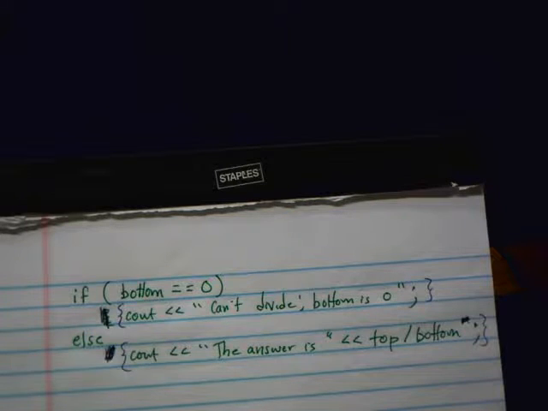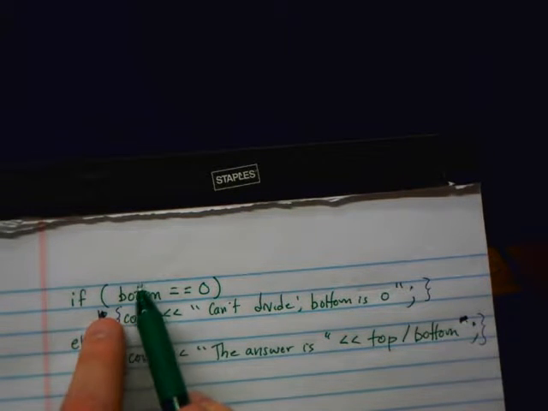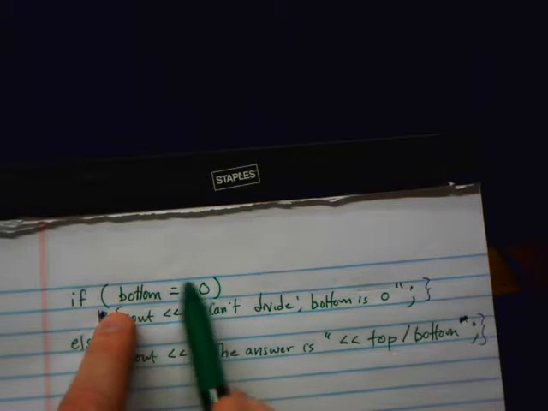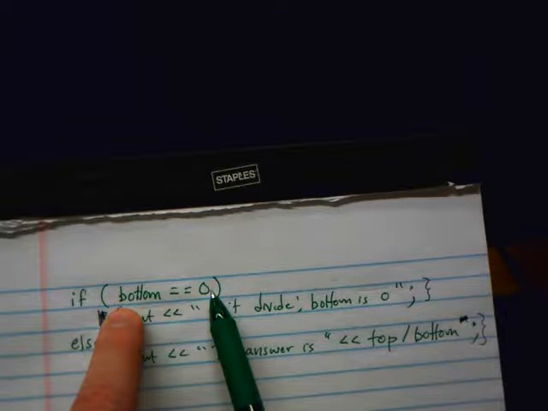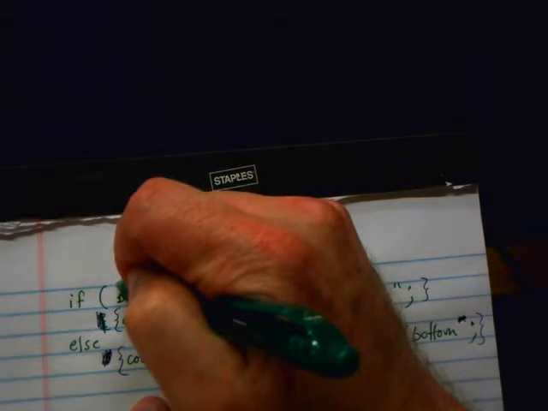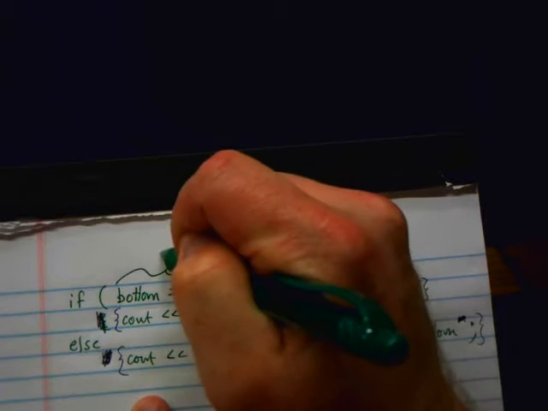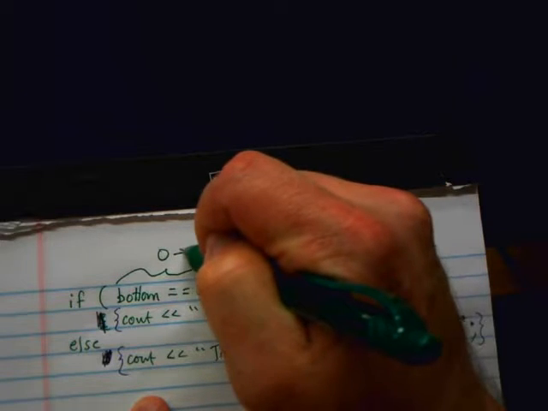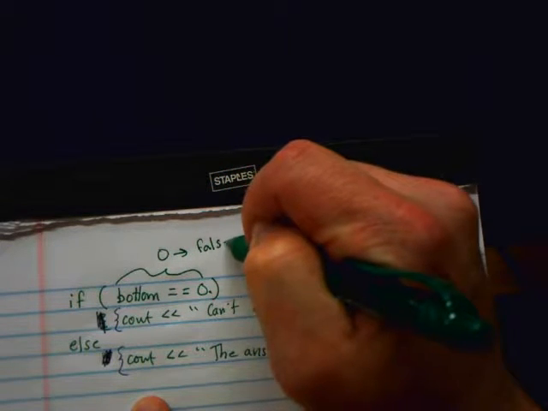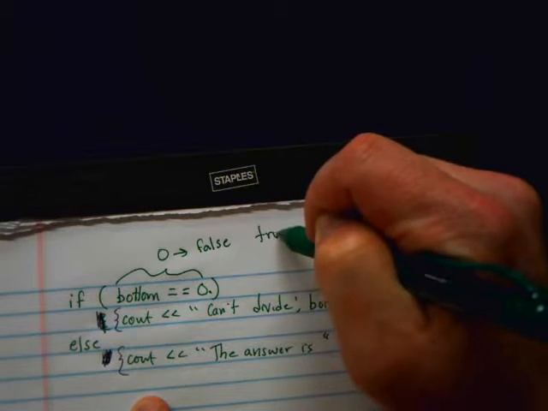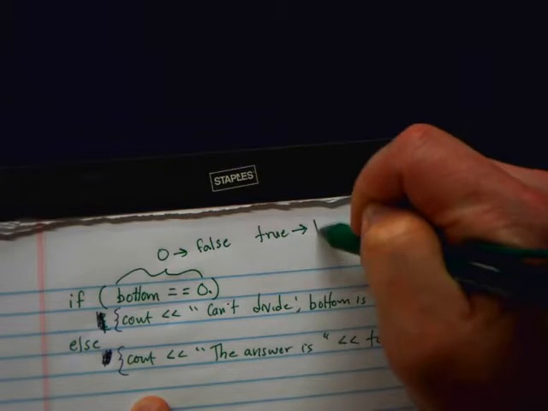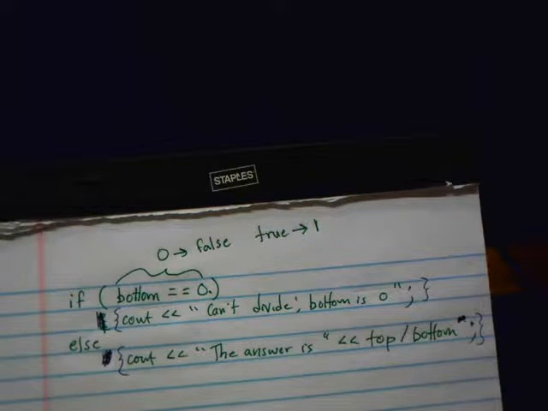What the computer does right now is test this statement: if bottom equals 0. If that is false, then it takes this whole thing and calls it the number 0. So 0 is false. On the other hand, if it's true, it calls it the number 1.